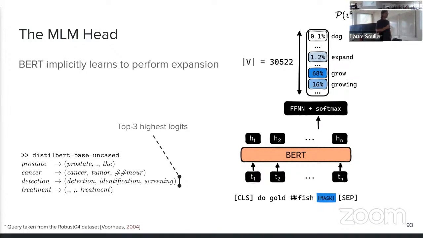We consider a DistilBERT model. For each query term, we show the top three highest logits from the MLM head. For instance, if we look at the word detection, we see that indeed the word is predicted itself. And this is the purpose of the MLM head. But we also see that close words like identification and screening have high logits.